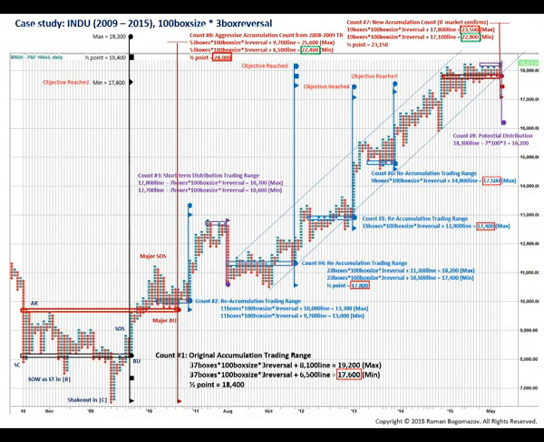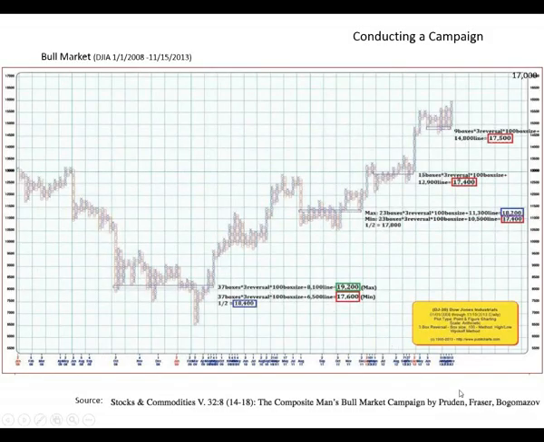There's a sort of history behind this analysis, in that Dr. Pruden, back in 2001, 2002, 2003, had done this analysis on the accumulation phase that occurred prior to that bull market, and he took a count, and then projected it upwards, and it counted to this unbelievable range of around 14,400, and then he wrote an article about it, and we talked about it in class.